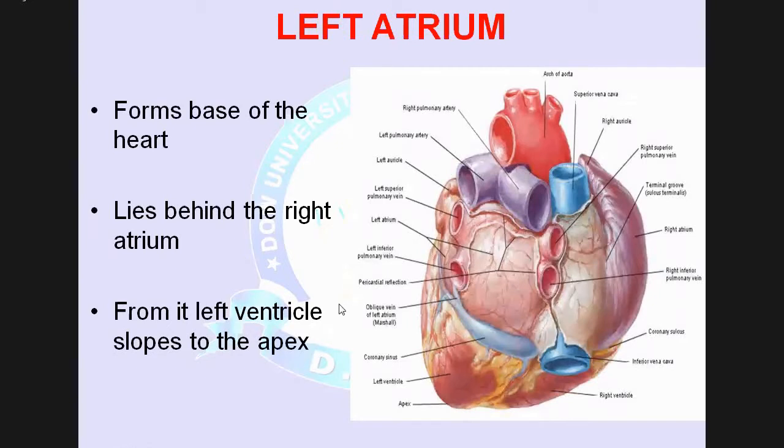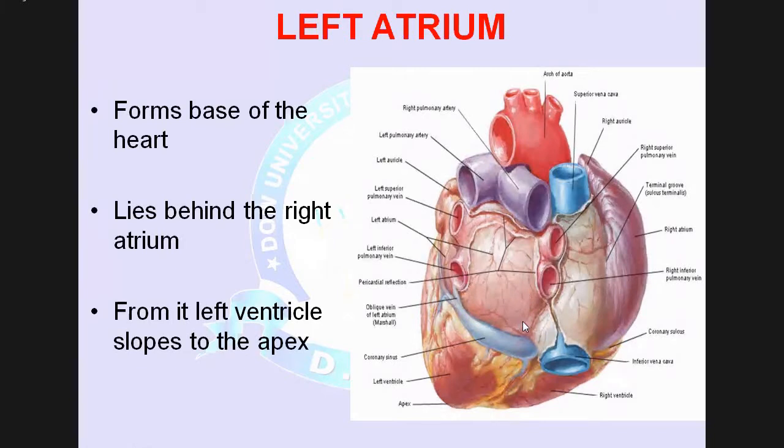Left atrium forming the base of the heart, lying behind the right atrium. You can see the right atrium and right auricle. The disposition is such that the right atrium lies in front and the left atrium lies behind it.